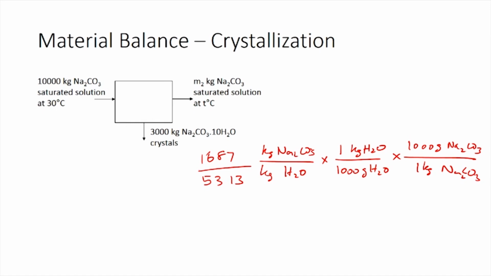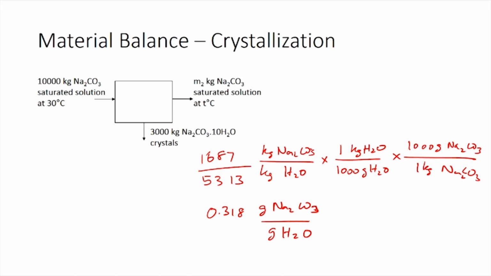By doing this, we would get the values of solubility in terms of grams of Na2CO3 per gram of water. So, that value would be 0.318 grams of Na2CO3 per gram of water.